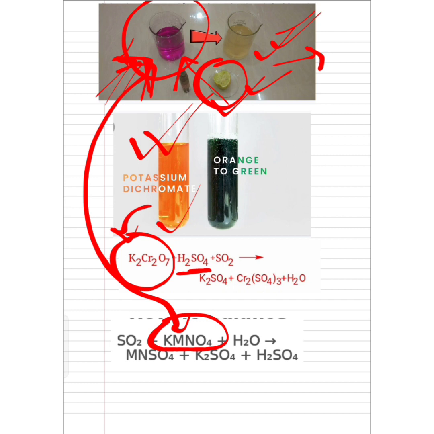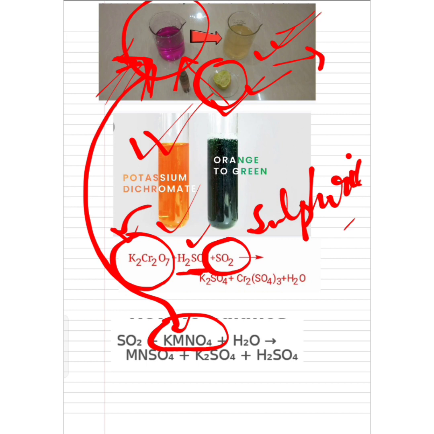We are adding few drops of H2SO4, means sulfuric acid. And into that only we are allowing SO2, that is sulfur dioxide gas, to get into this solution. That is, we are allowing sulfur dioxide gas into this potassium dichromate solution.